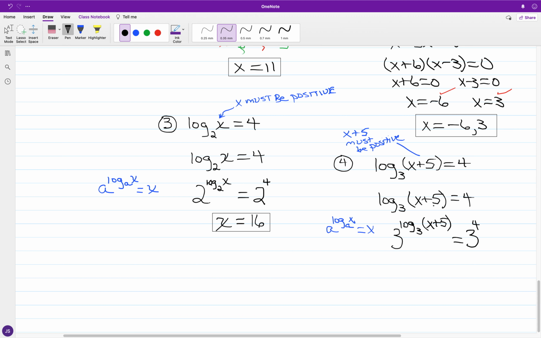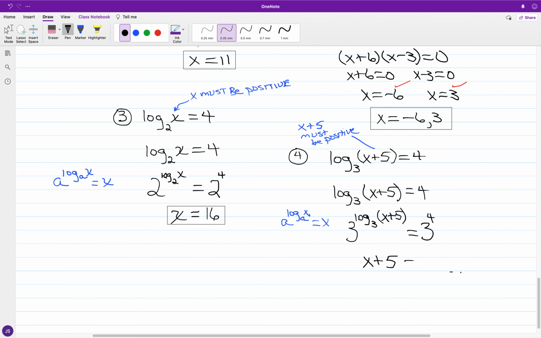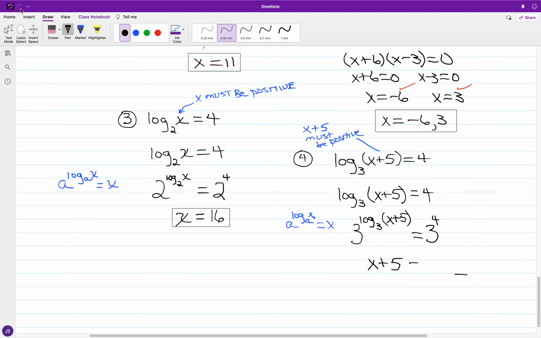Okay, so from the step before, those sides will be powers to which 3 is going to be raised. So what I have on the left is going to be x plus 5. And for what I have to the right, 3 to the 4th, that is equal to 81.